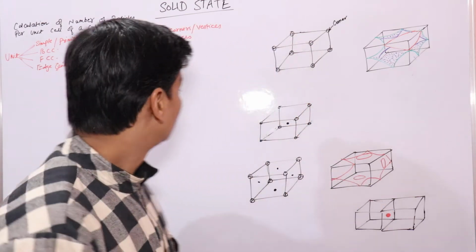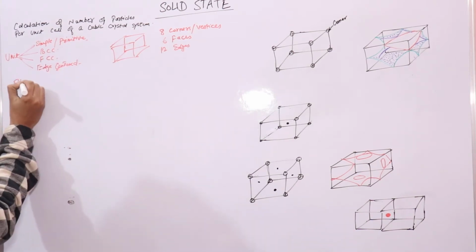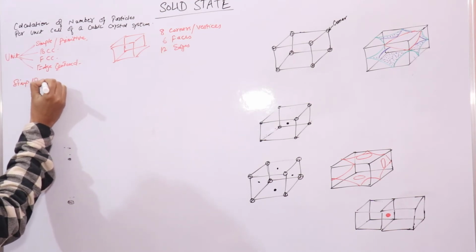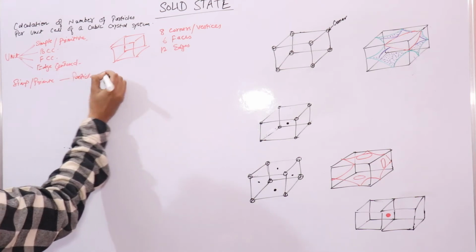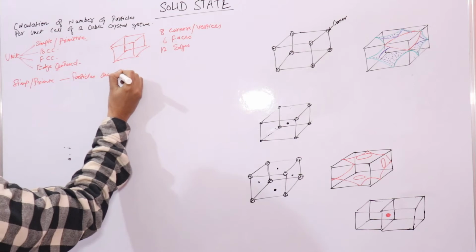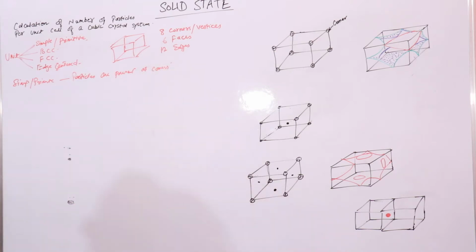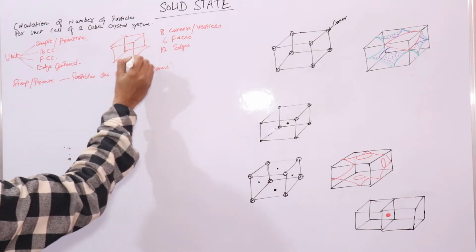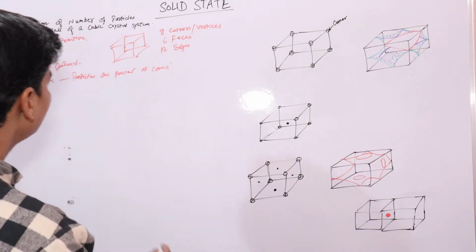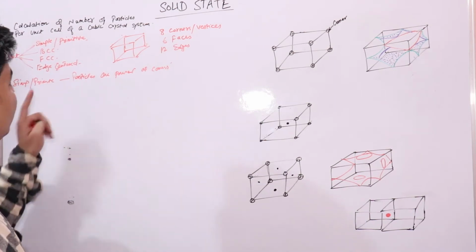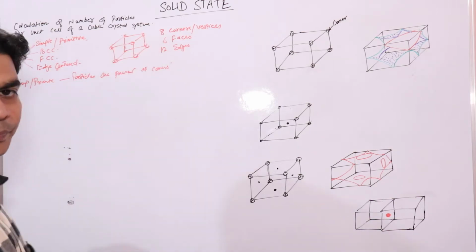In a simple primitive unit cell, particles are present at the corners of the cube.